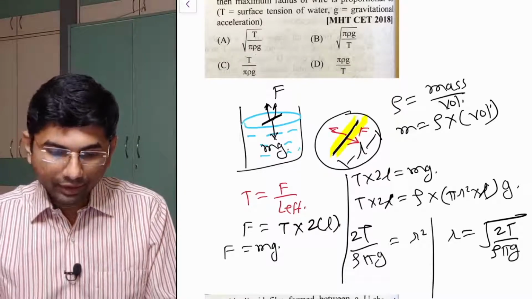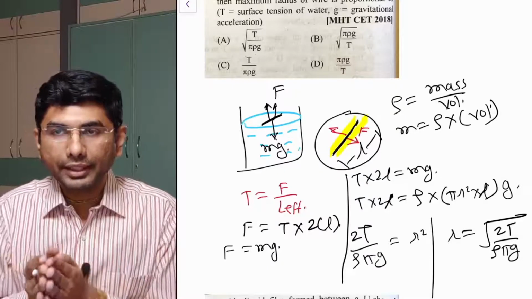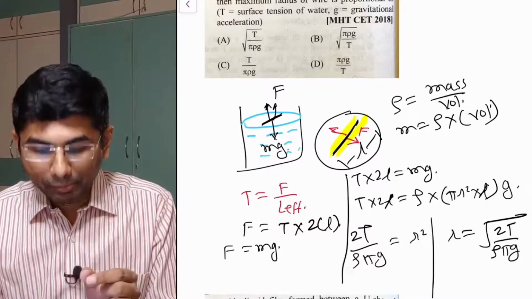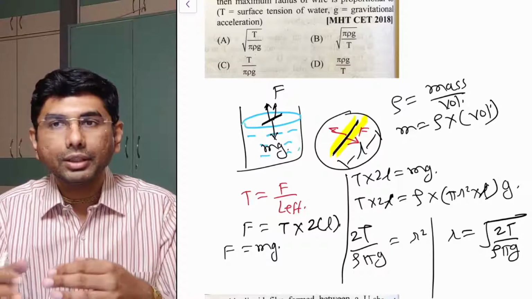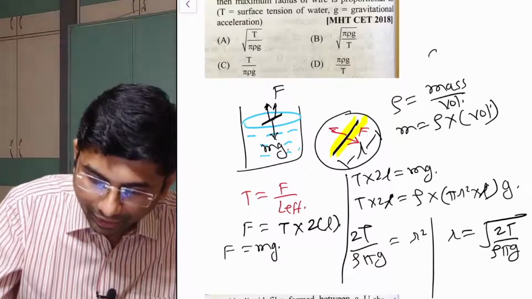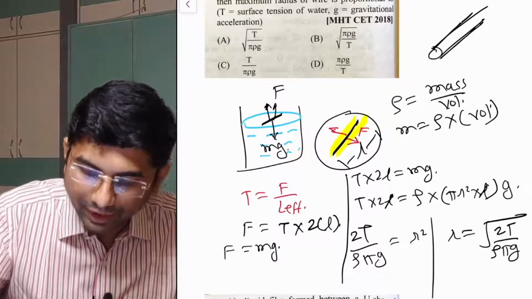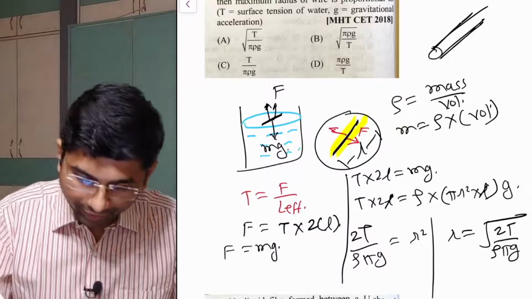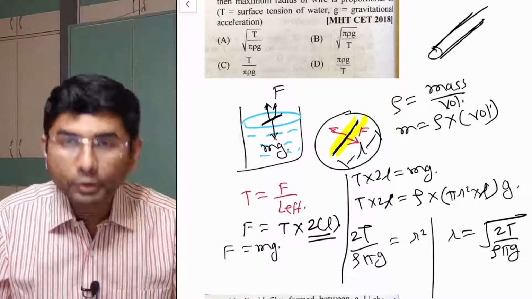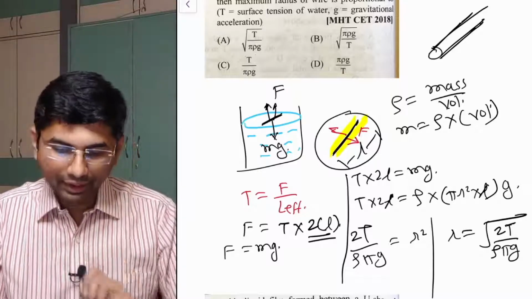But I am seeing here that I am not having any option like that. If I am considering this as a thick wire, then I have to consider two lengths, one from this side and another from the other side, because I am taking it like a cross sectional area. This side is L and the other side is L, and that's why I have taken the effective length to be twice L. But by taking effective length to be twice L, I am not getting the answer.